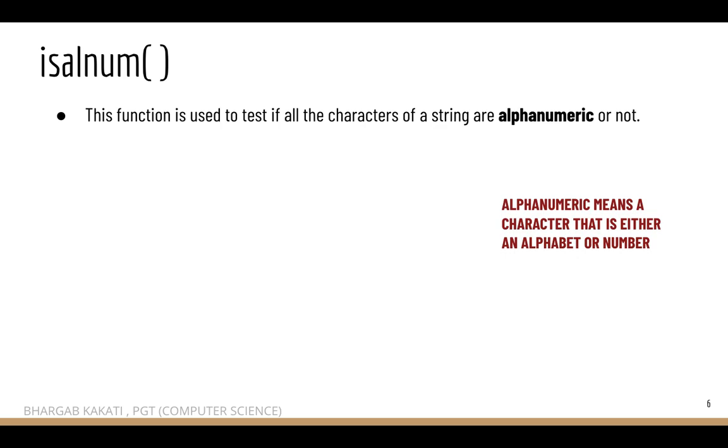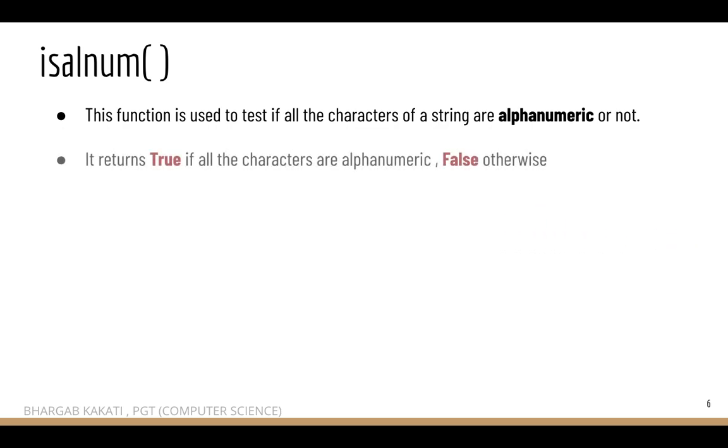So it will check if all the characters of a particular string are either a character or a number or not. It returns true if all the characters are alphanumeric, false otherwise. So if all the characters of a string are alphanumeric, it will return true. Even if one character is not alphanumeric, it will return false.